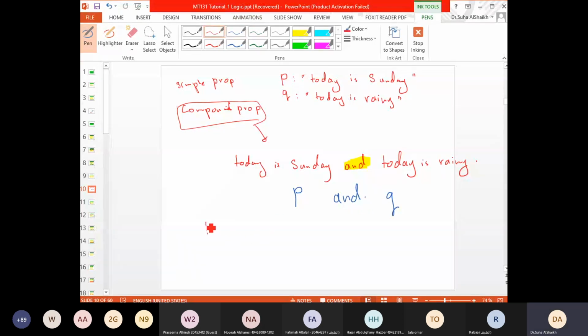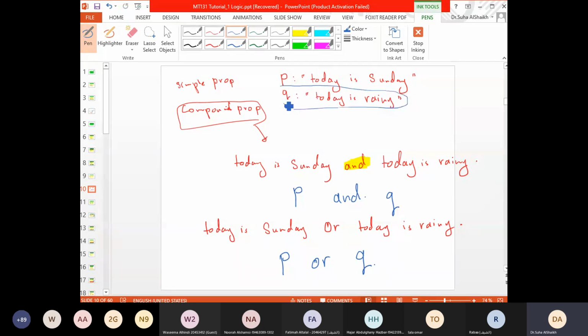Another way I can say today is Sunday or today is raining. I can write this as P or Q. This is a Q, dear. هذا ال Q. Today is raining. And this is the P. Today is Sunday.